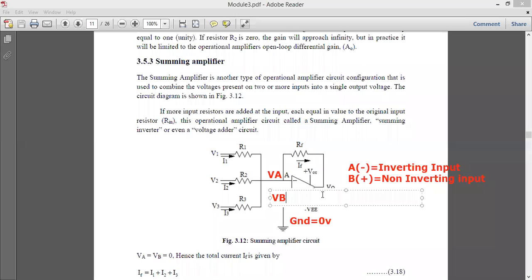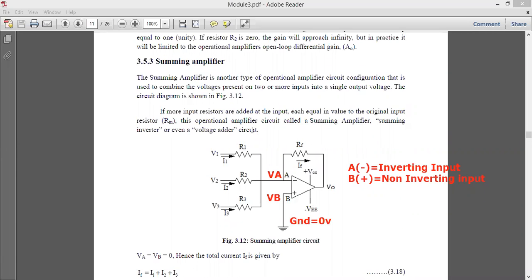So we have two voltages, VA and VB. Points A and B are virtually connected by the concept of virtual ground. The resistance in feedback is represented by the feedback resistor, that is RF.